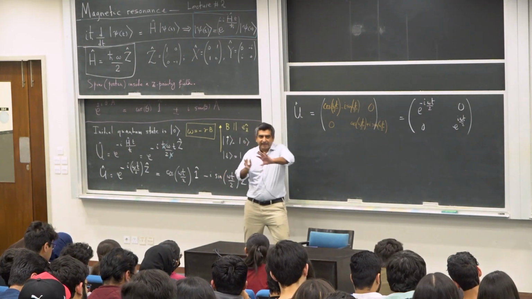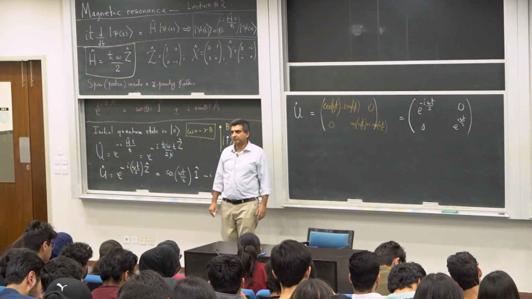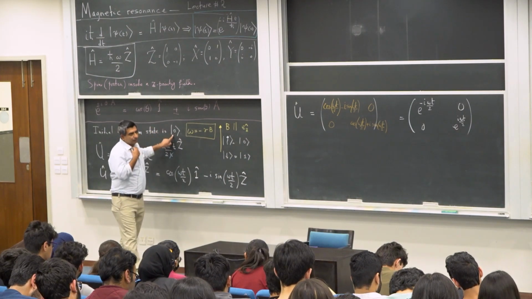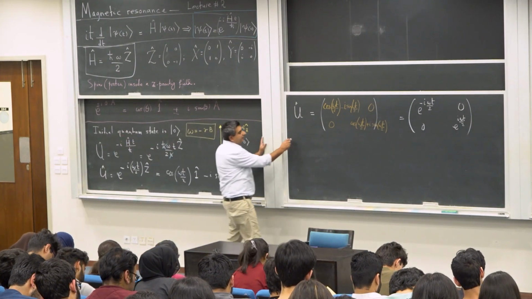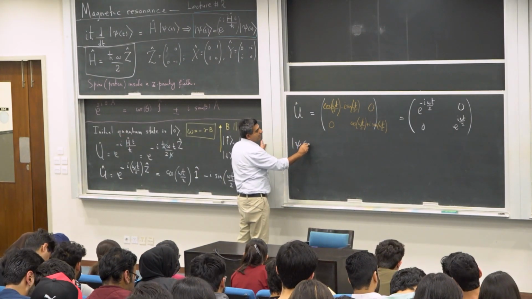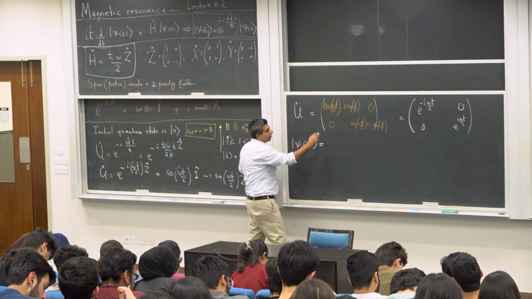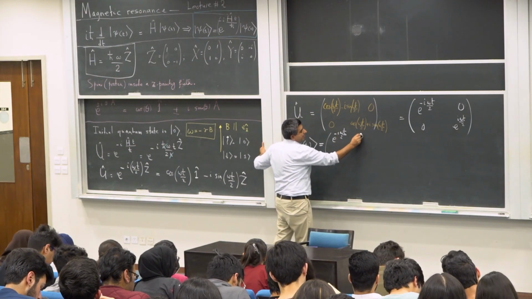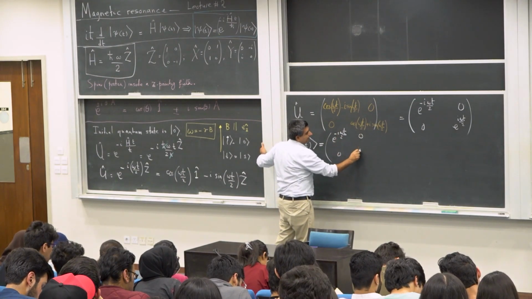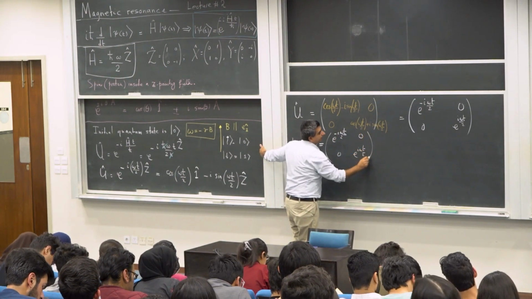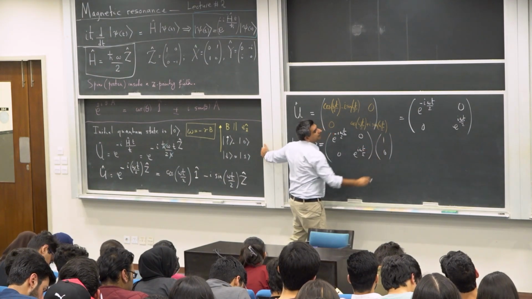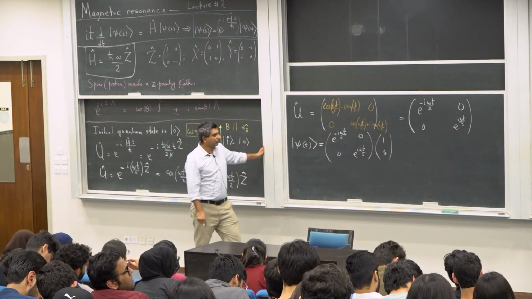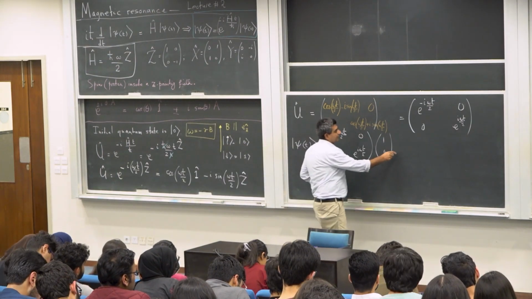This operator acts on the initial quantum state. Now the initial quantum state is given by ket 0. So my state after some time is going to be this operator acting on ket 0. So what's the result of this computation?